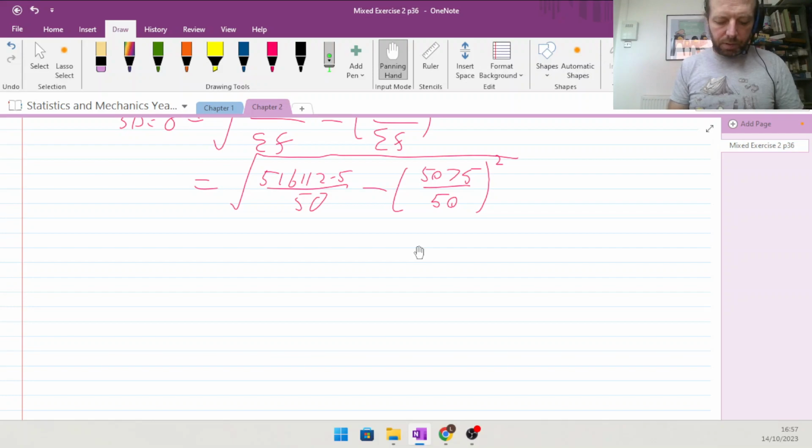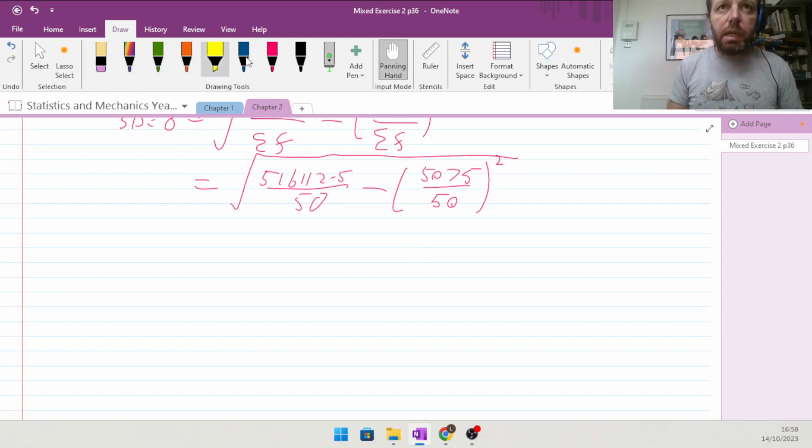Square root. 516112.5 over 50. Just double check it was 50 flowers. Yes, it was. Minus brackets 5075 over 50, close the brackets, square it, all under the square root.